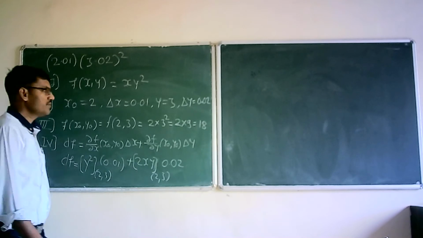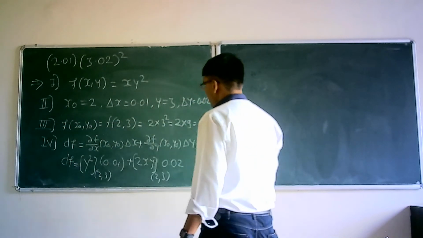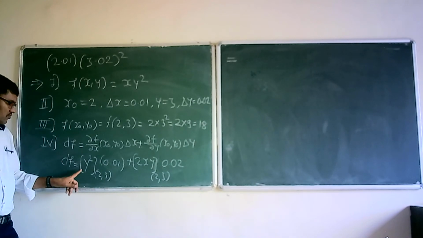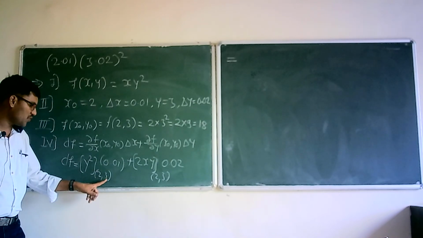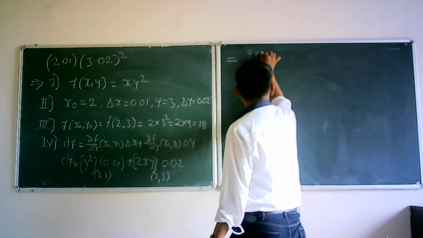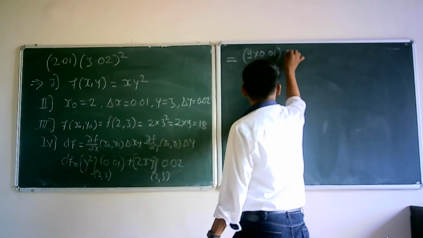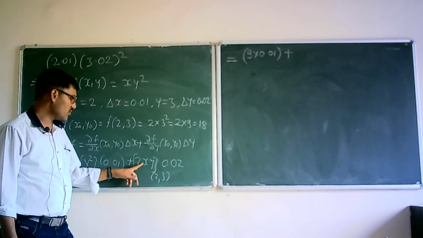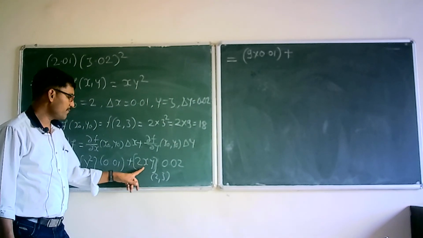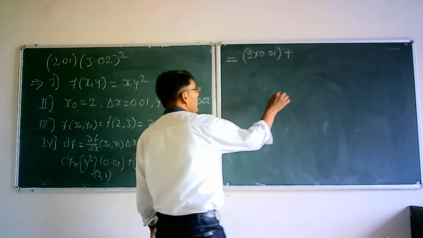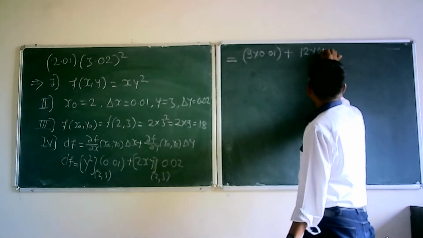Now next, here you want to put the y value y0. What is x0? X0 is 2, y0 is 3. So it is 9 into 0.01 plus, next, if you put x is equal to 2, y is equal to 3, then 4 times 3, it is equal to 12 into 0.02.